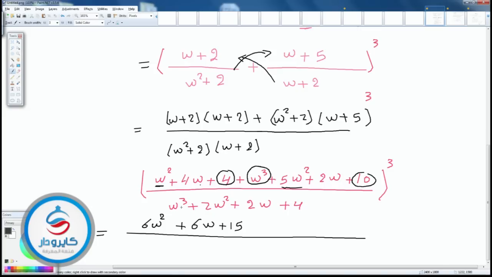Omega power 3 equals 1. 1 plus 4 equals 5. 2 omega square plus 2 omega, and we have 5. Take 2, 0, then the denominator equals 3 now. All to the power of 3.